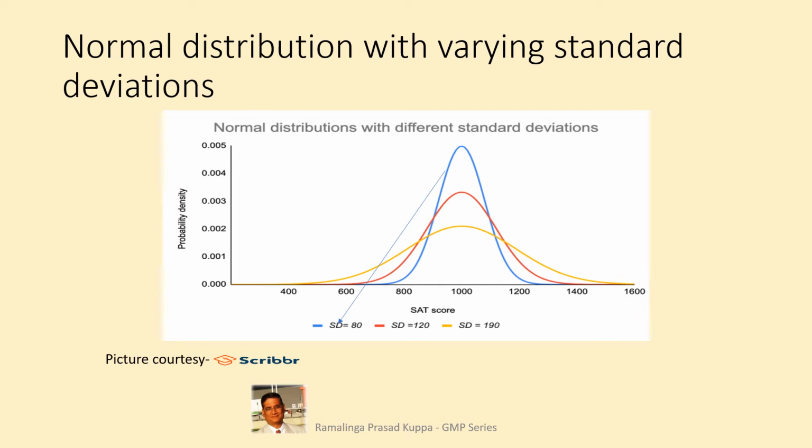For standard deviation of 120, the spread is between 600 and 1400, which is wider than the earlier one. See the third distribution curve at standard deviation of 190, the spread is still wider at 400 to 1600. So the point here to understand is that lower the standard deviation, better the control on process.